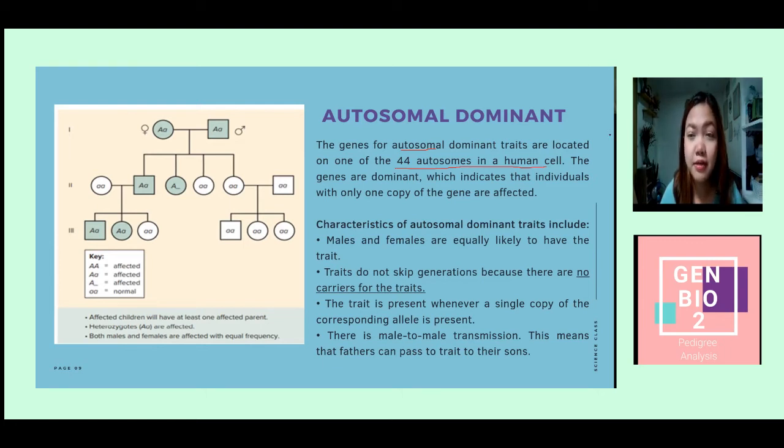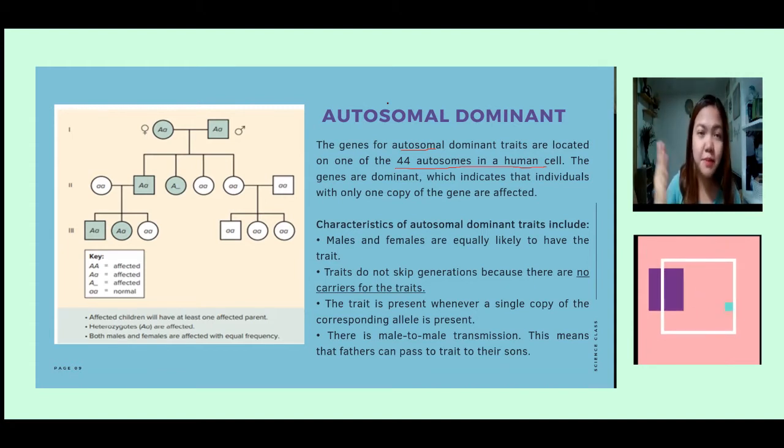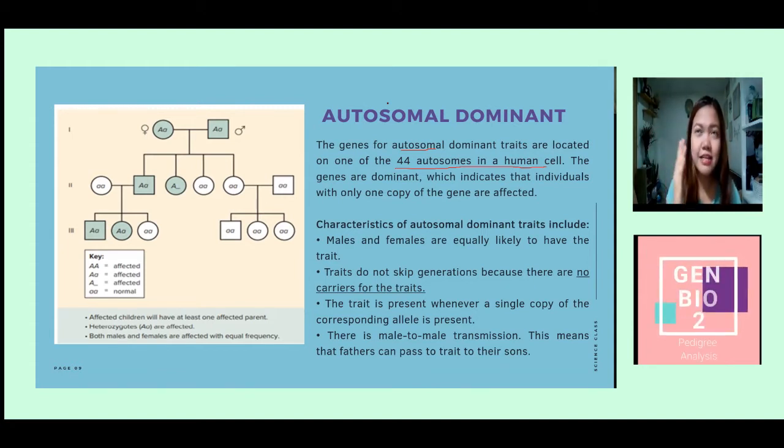The genes are dominant, which indicates that individuals with only one copy of the gene are affected. Ibig sabihin, since the trait that we're trying to trace is dominant, at least one dominant allele, pag may kahit one copy ng dominant allele ang isang tao, ma-express yung trait na yun.